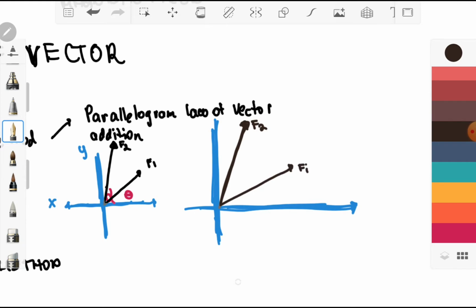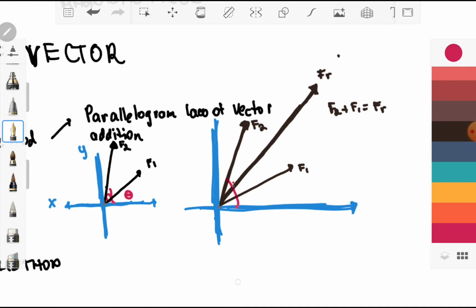So how will we solve for the sum of F2 and F1? Take note that F2 plus F1 is equal to FR, or your resultant force, which is this. By the parallelogram law, we project F1 and F2.